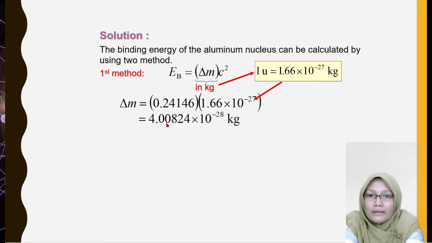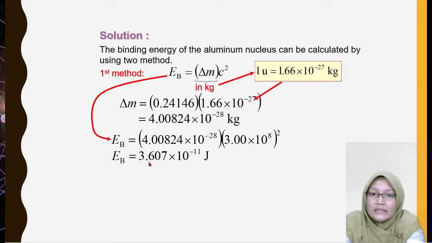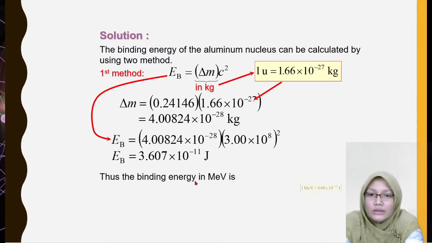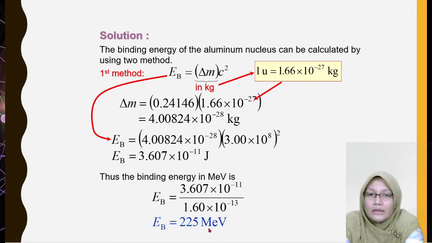Dapatlah nilai dia dalam kilogram. Lepas tu EB sama dengan delta M dalam kilogram ni darab dengan speed of light, 3 darab 10 kuasa 8, kuasa 2. So awak akan dapat binding energy dalam joule. Lepas dapat binding energy dalam joule, 1 MeV sama dengan 1.6 darab 10 negatif 13 joule. So awak divide akan dapat 225 MeV. So this is the first method.